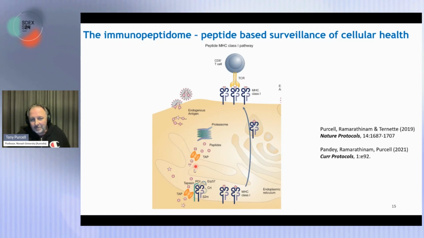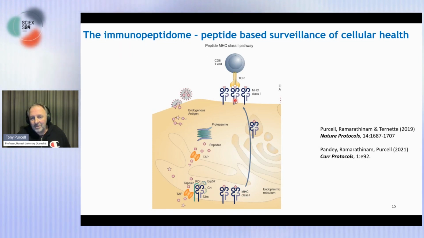These antigens are degraded into peptides, and these peptide antigens are able to bind MHC class 1 molecules and be transported to the cell surface. And we're interested in studying the nature of these peptides that are presented on the cell surface. The collective name for these peptides is the immunopeptidome, and it's very important in terms of controlling T-cell recognition of cells and with the potential to eradicate cancerous or infected cells, for example.